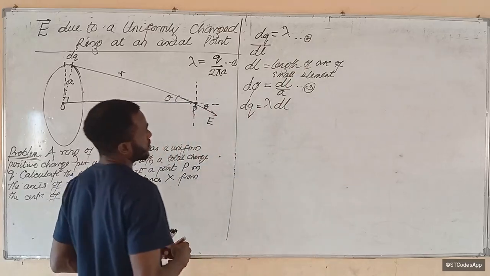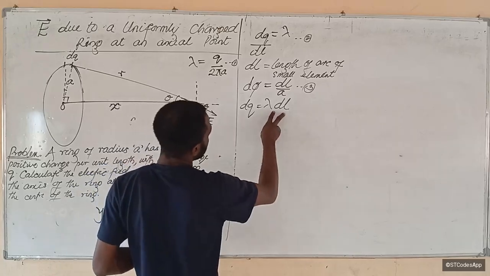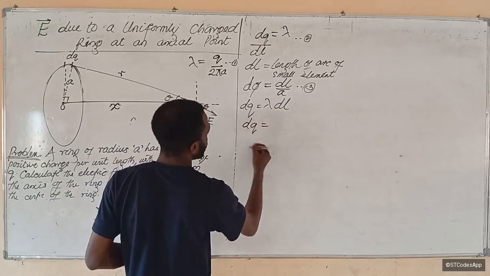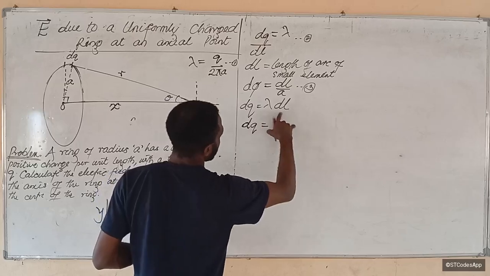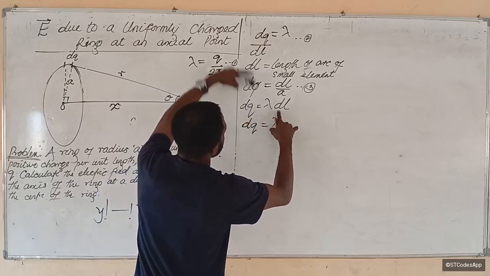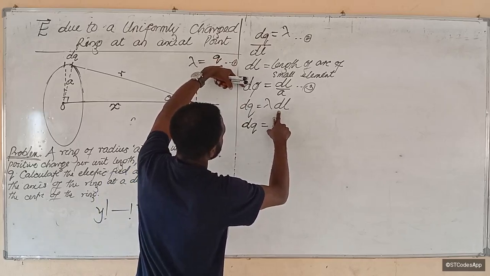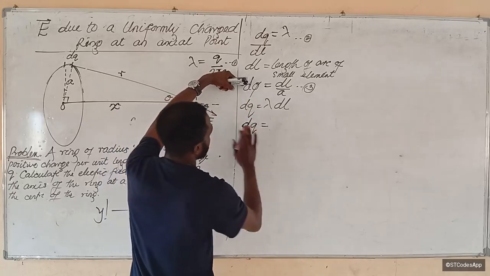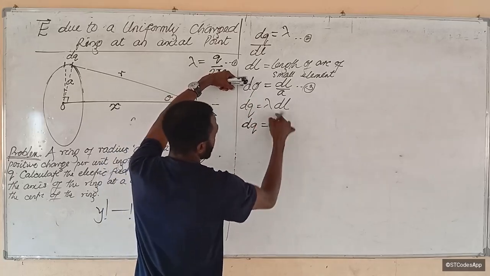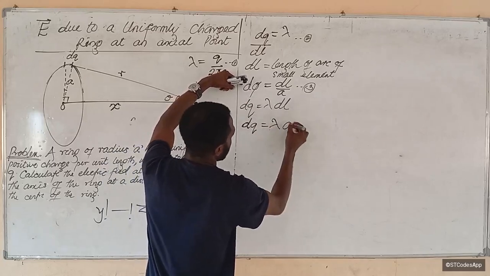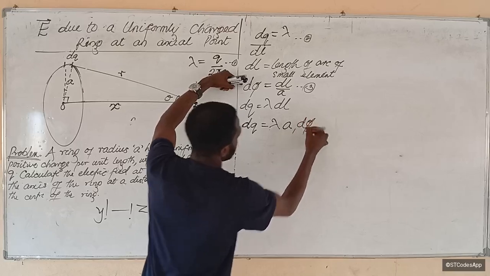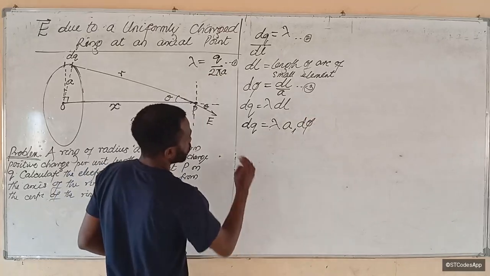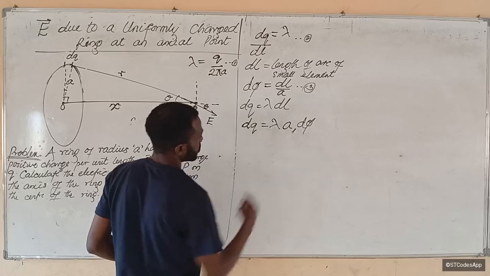If that is the case, dl is a d phi, right? So it means that dq will be equal to lambda times dl, and dl will be a times d phi. So our dq will be lambda times a d phi. The dot here signifies multiplication.